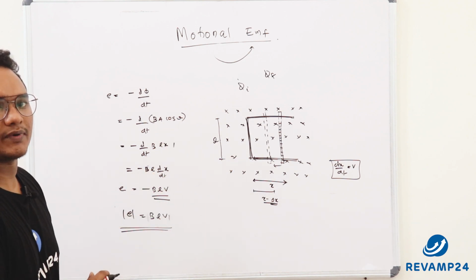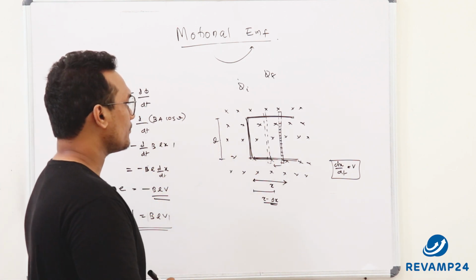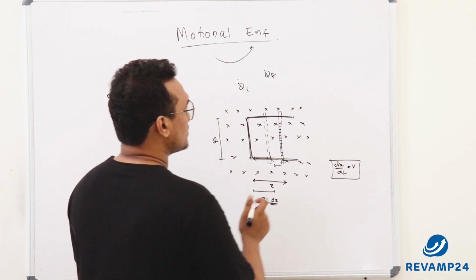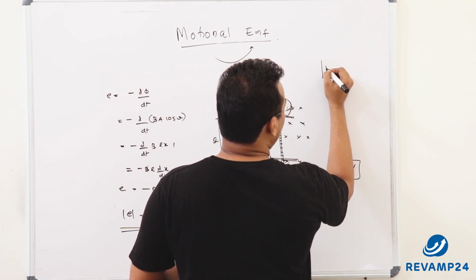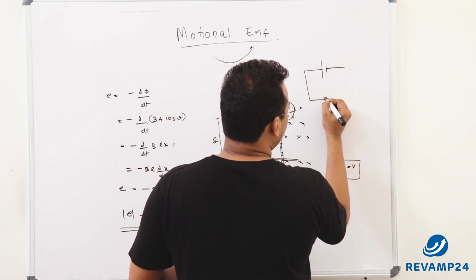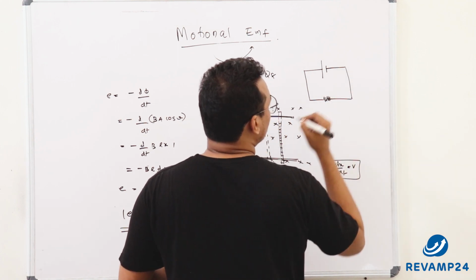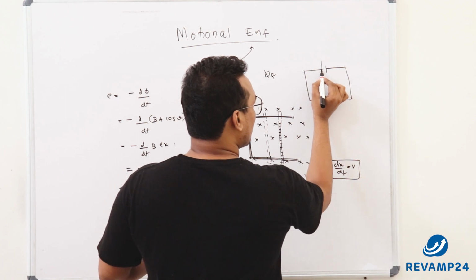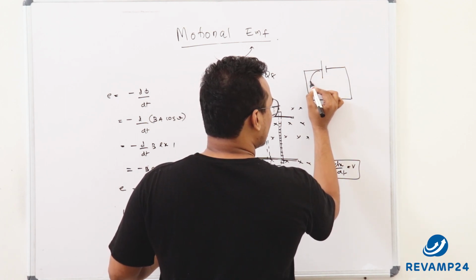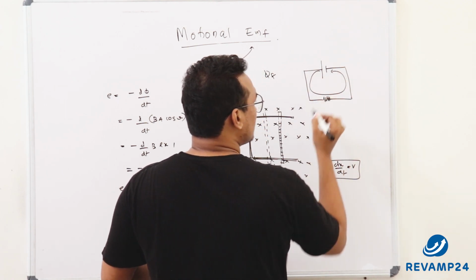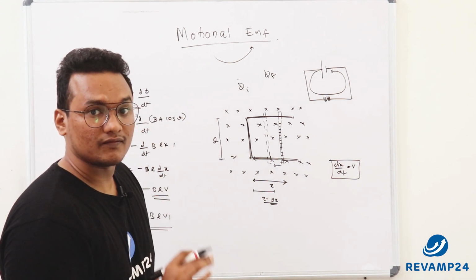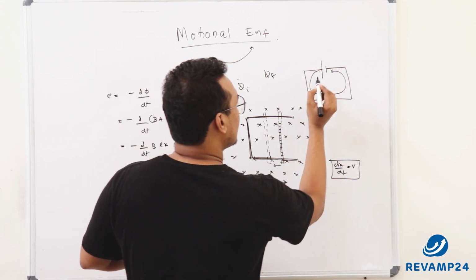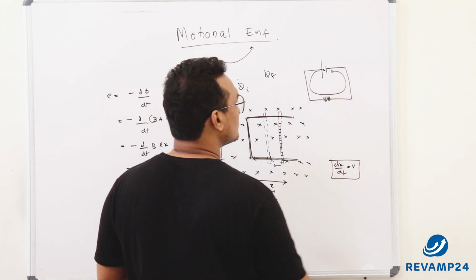That negative sign represents the direction. Now one question I have for you. If we have a cell in this way and it is connected with resistance, in which direction will the current go? From positive terminal of the cell to the negative terminal. But inside the battery, in which direction will current go? That is from negative to positive.